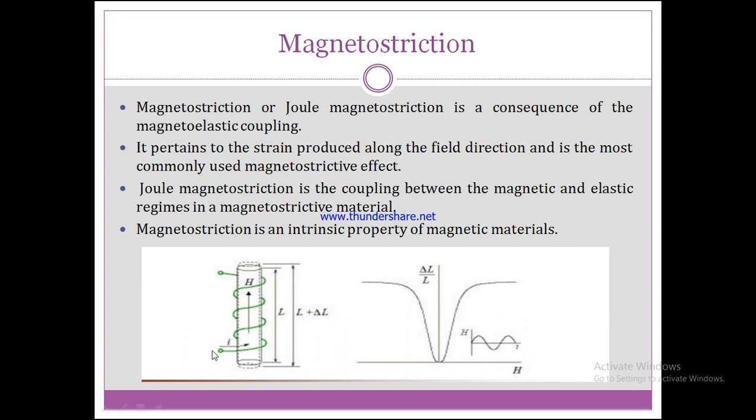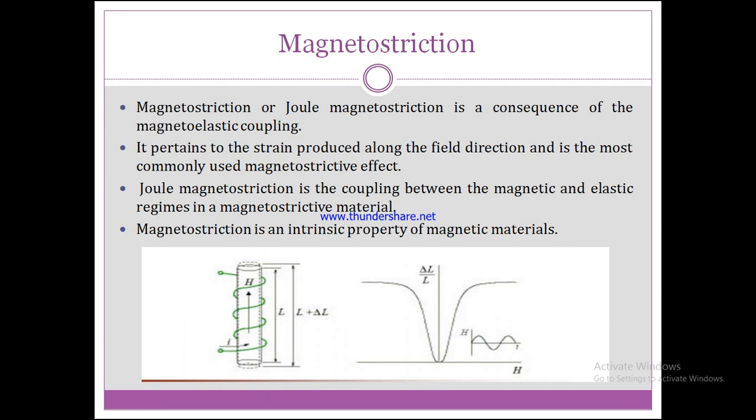Due to that, the length of that material changes. It creates a delta L effect over here. Because of that, H and delta L upon L, that is, the change in length to the length, is introduced over here. According to that, the magnetostriction effect is to be understood.